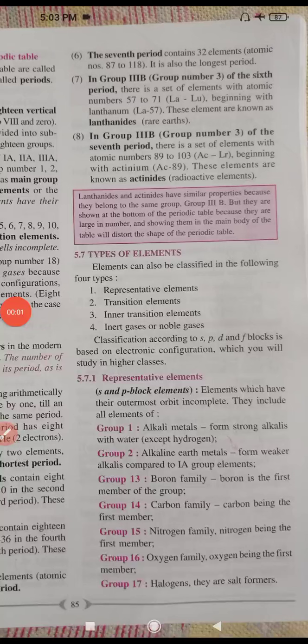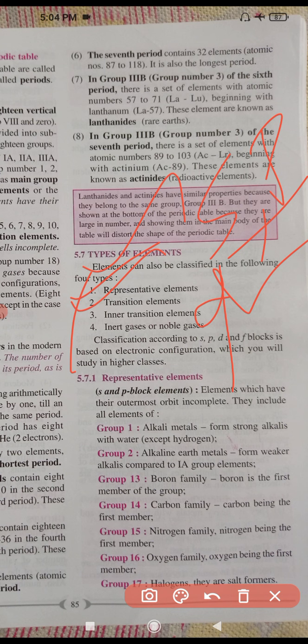Hello dear students. In the previous video I explained the types of elements present in the periodic table. These are generally categorized into 4 different types: representative elements, which are the S and P block elements; transition elements, especially the D block elements; and inner transition elements, which are the F block elements, present inside the D block from 56.